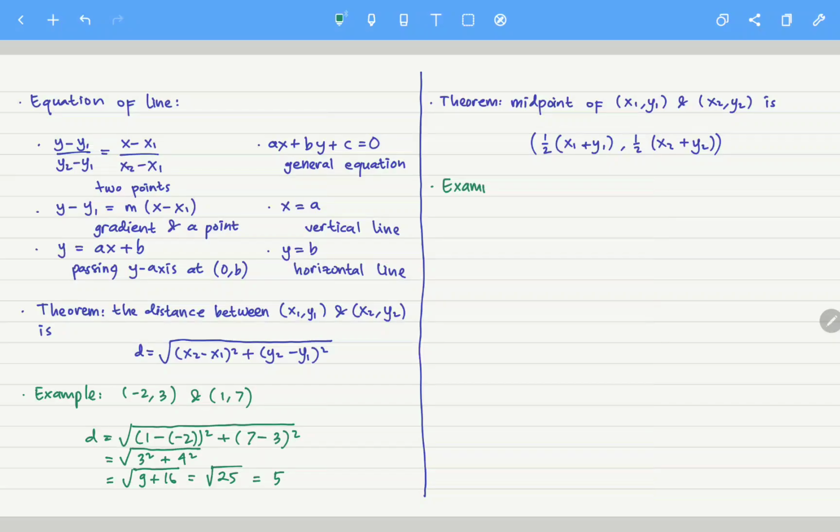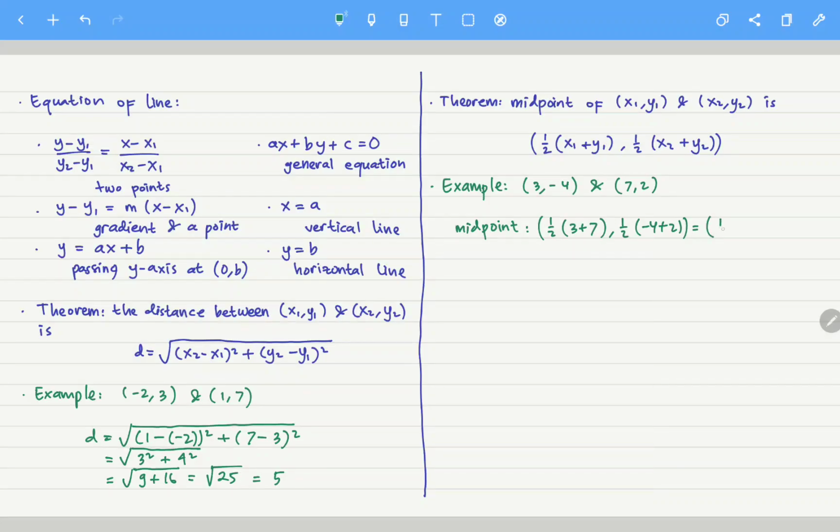So for example, if we have 2 points, (3, minus 4) and the second point is (7, 2), then the midpoint is 1/2 (3 plus 7), comma, 1/2 (minus 4 plus 2).